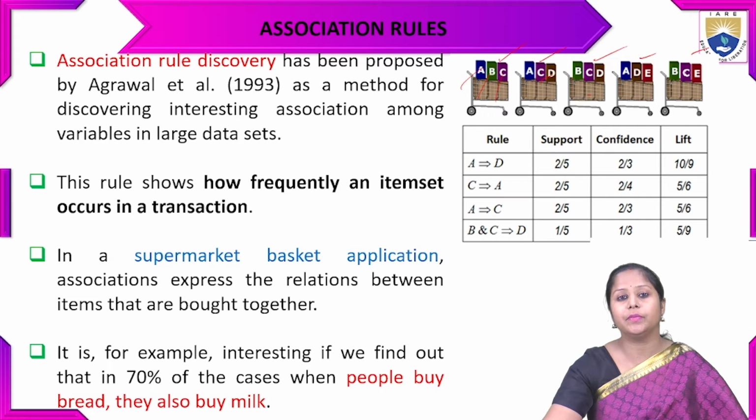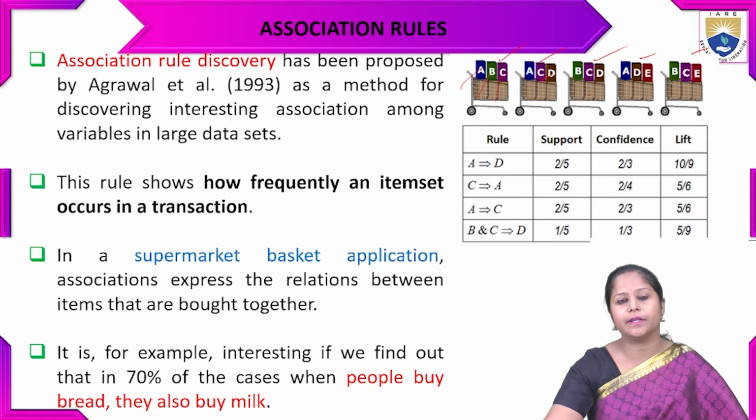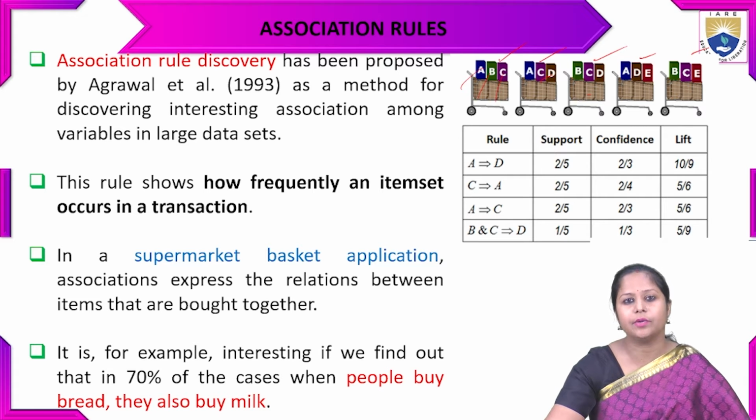Before that, the important terminology is support and confidence, which we have covered. We have to find the support and confidence for the different items which are related to each other.